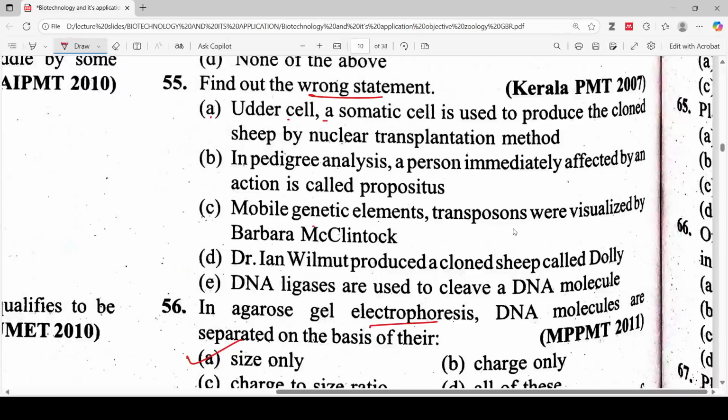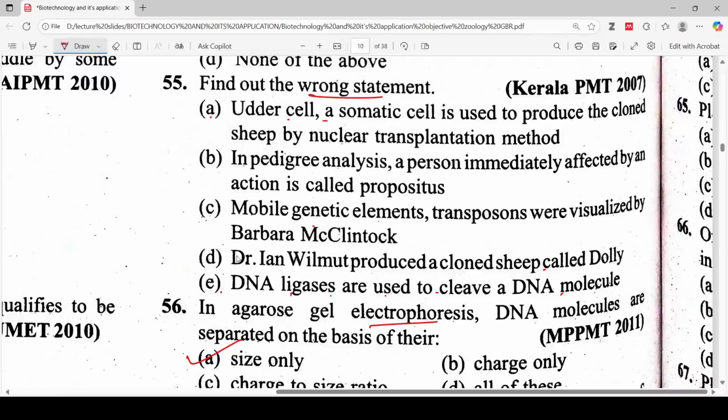Mobile genetic element transposons were visualized by Barbara McClintock. Dr. Ian Wilmut produced a cloned sheep called Dolly. And option E, DNA ligase is used to cleave a DNA molecule.